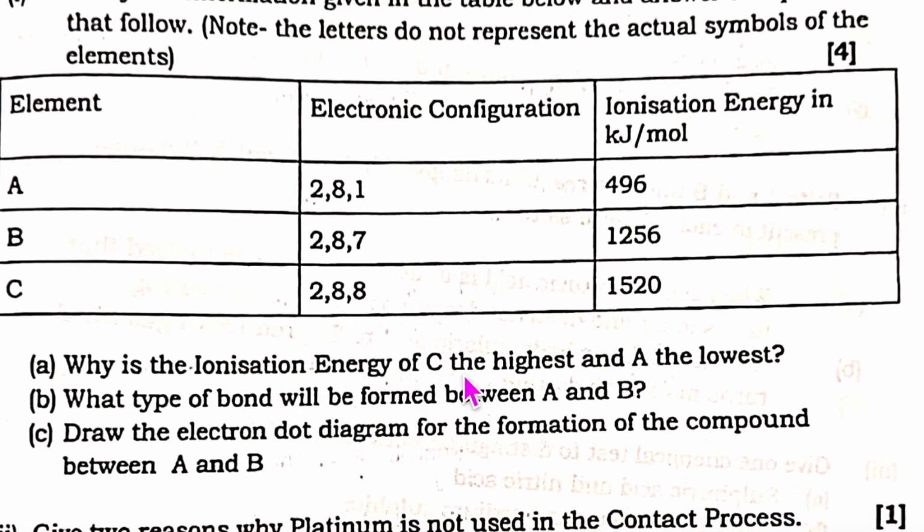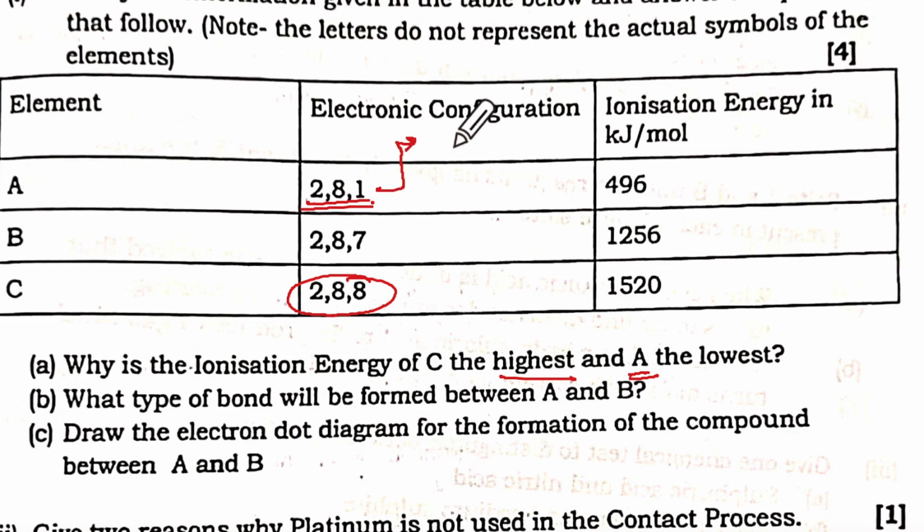Why is the ionization energy of C highest? Because it's a noble gas. The octet is complete, correct or no? Doesn't need to lose electron. And A is the lowest. Why A? It is group 1A. Now for A, you will have to write a little bit. Remember, it will have large atomic size and less atomic number.